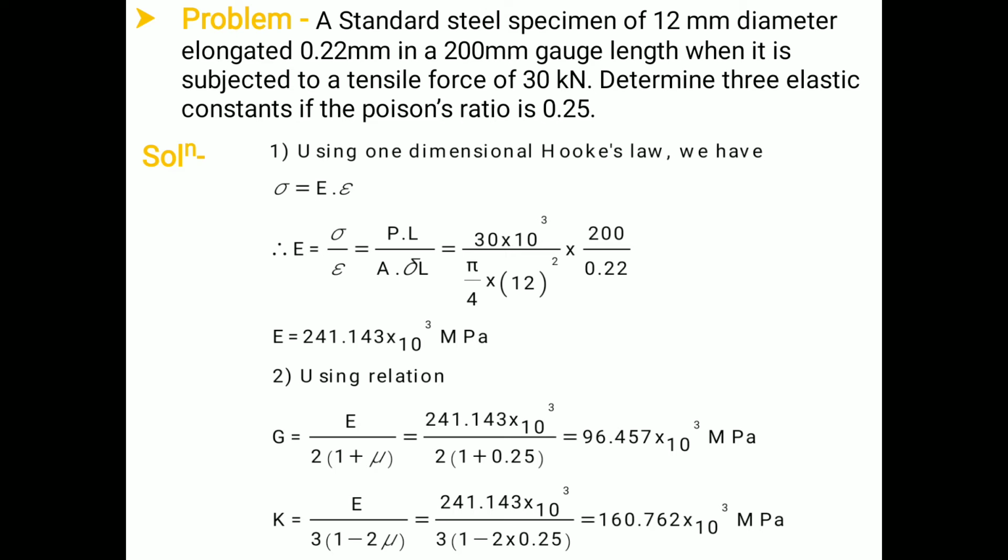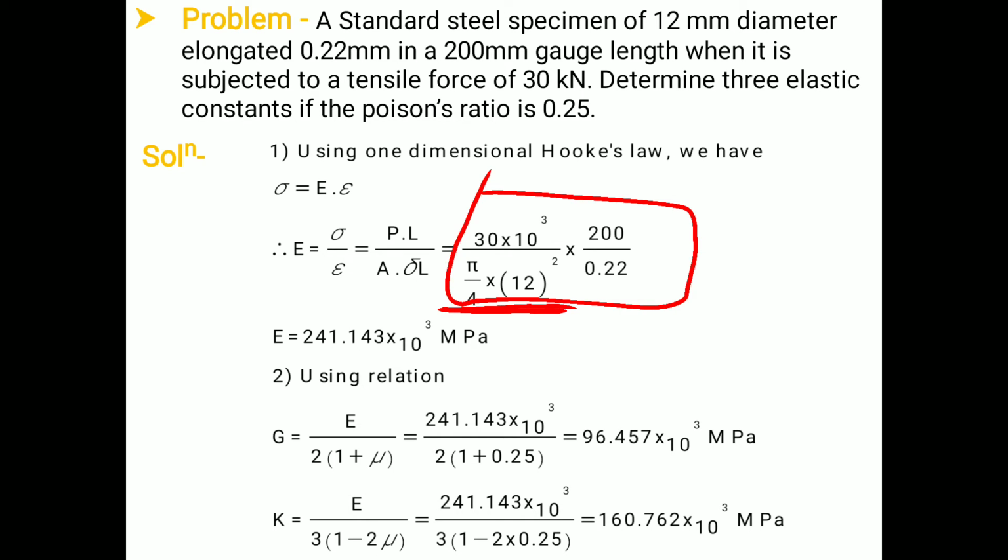We have diameter equal to 12 mm, so from the diameter we calculate the area, pi by 4 into 12 square. And delta L is 0.22. So this is the entire equation using the formula PL upon A into delta L.